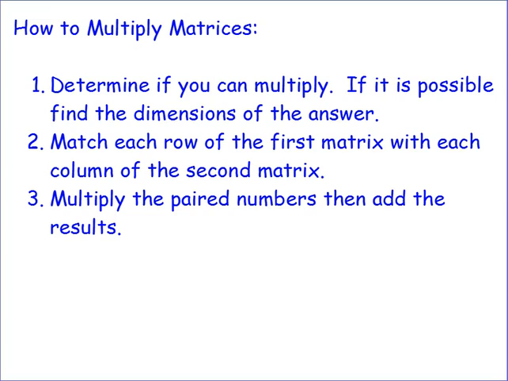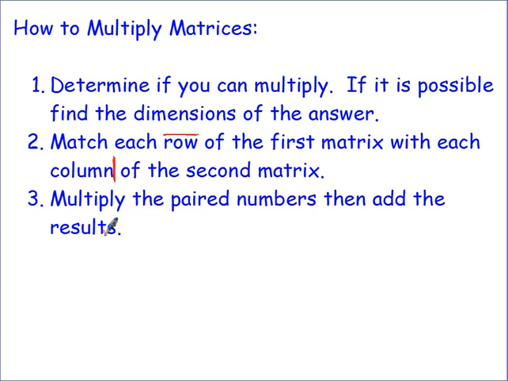You're going to match each row, and remember rows go this way, of the first matrix with each column, and columns go this way, of the second matrix. You're going to match each row with each column. This is a process. When you match a row and a column, you're going to multiply the paired numbers and then add the results. The easiest way to explain this is with an example.